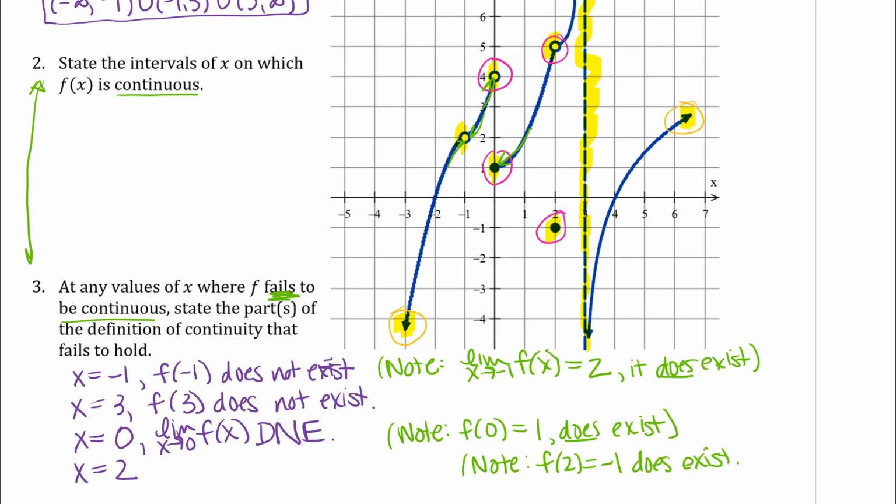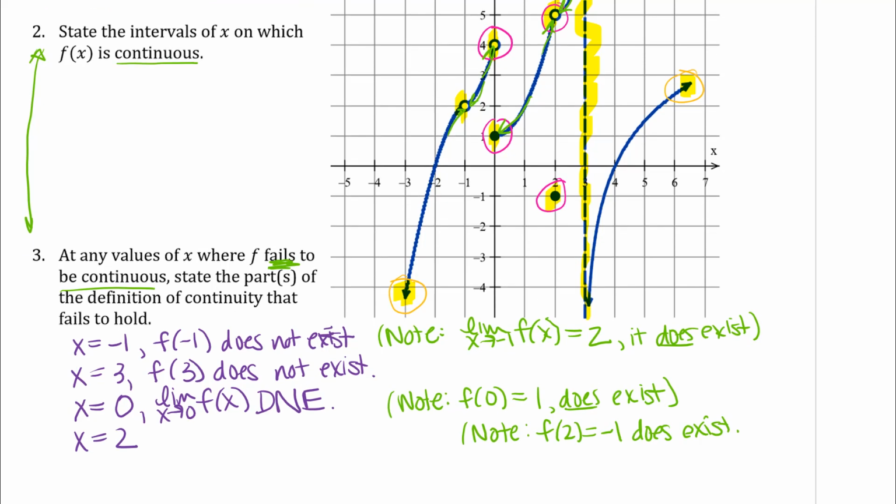The other thing I might note is that when I get close to x equals 2 on both sides, those y values are headed toward the same place, 5. So the limit as x approaches 2 of f of x, that also exists. All right, but we clearly see a break in the graph at that point.